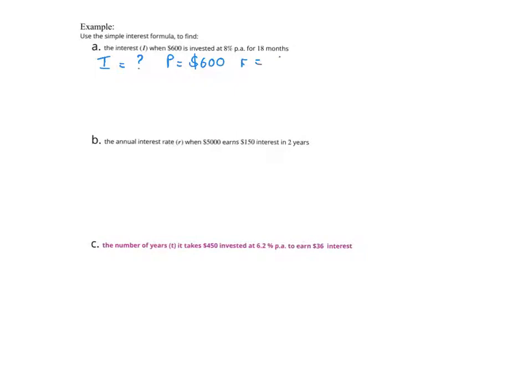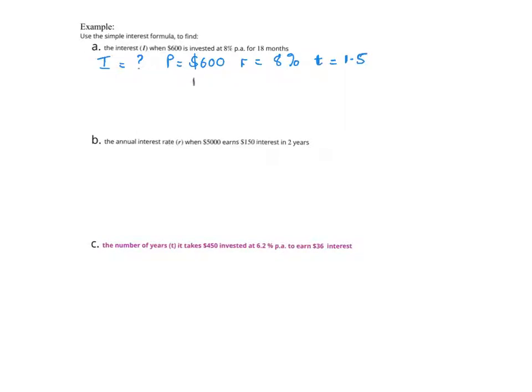So R is 8% per year, which is very important. And T, the amount of time, is 18 months. Now remember, T has to be in years. 18 months is 1.5 years, so it's 1.5.